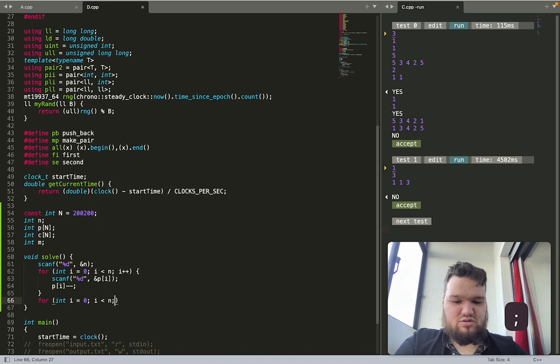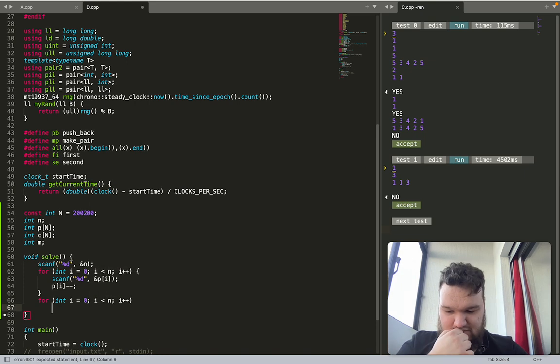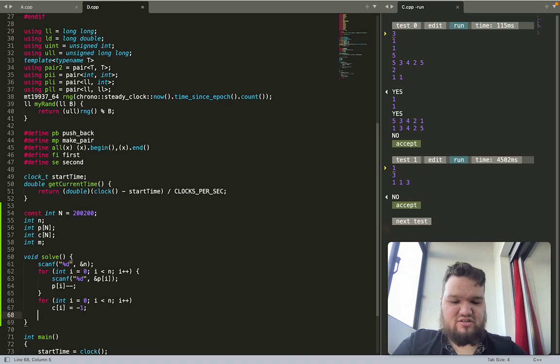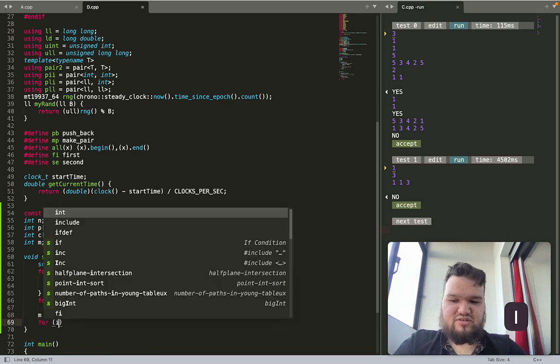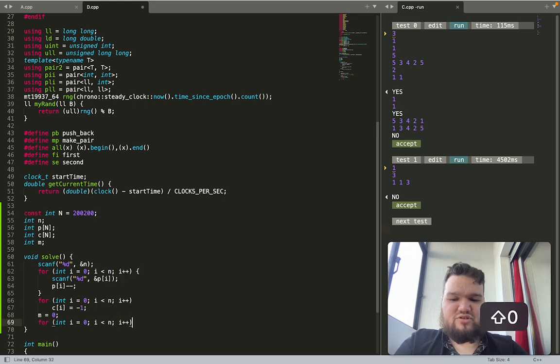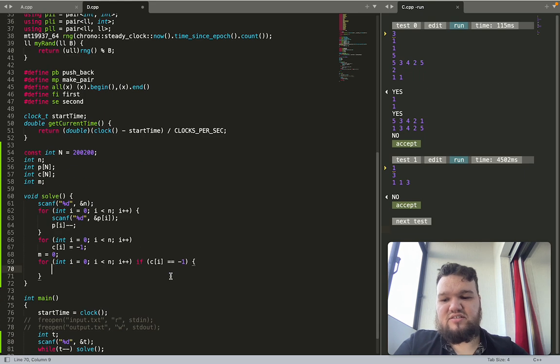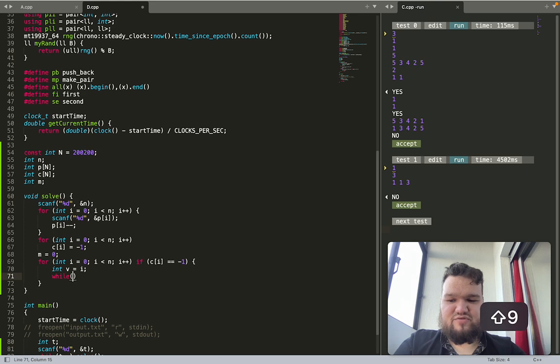We will ID the cycles, so we first say that for each element the cycle is not defined and the number of cycles is 0, and now we will traverse all the elements, and if the cycle for this element is not yet decided, then we will find the cycle, and that is done just by traversing, going to the next element on the cycle until we have found all of them, and we will say that the ID of the cycle for this element is m.